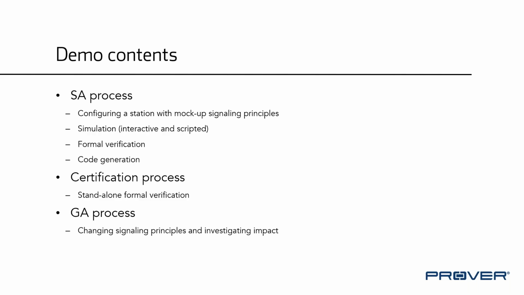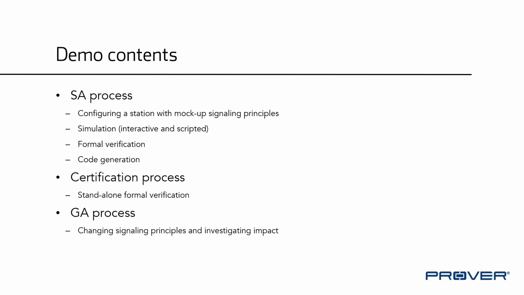The contents of this demo will be, first, we look into the specific application process. That is how to configure a station with these mock-up signaling principles. How to use simulation, both interactive simulation and scripted simulation, how to do formal verification, and how to do code generation. Then, after having done a specific application, you normally need to certify it to see that it complies with Cenelec norms or similar.